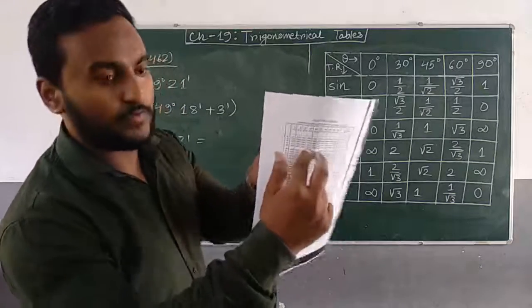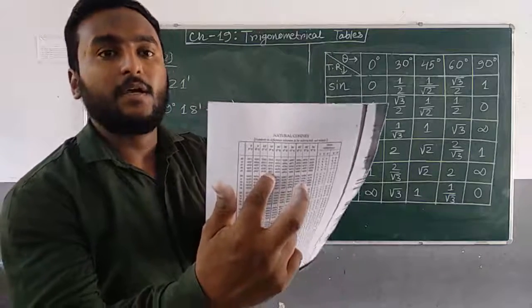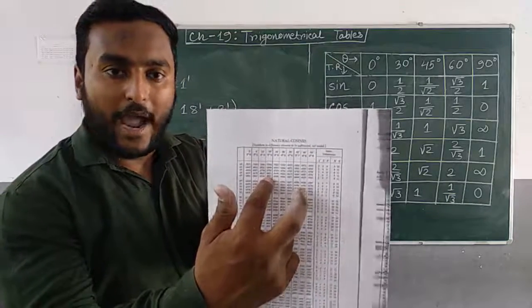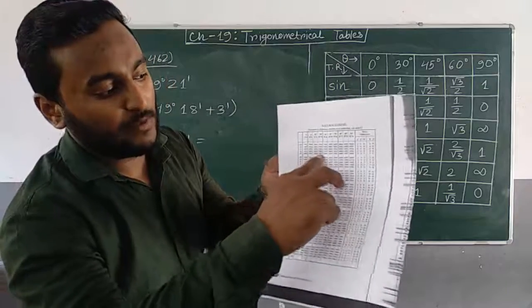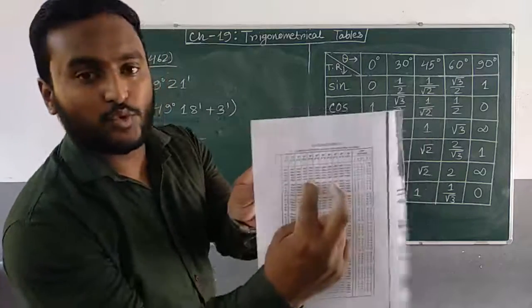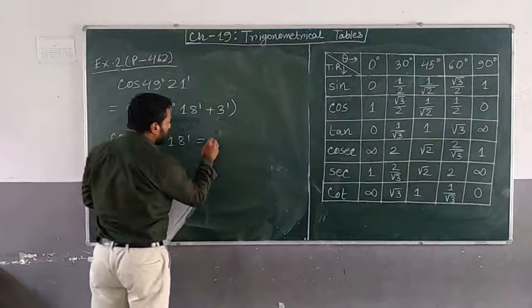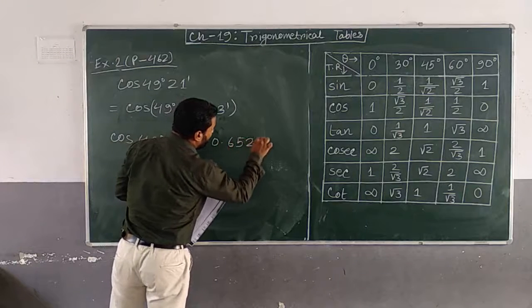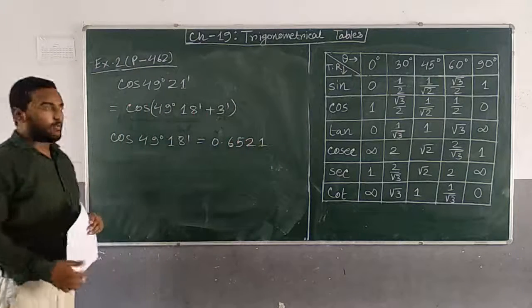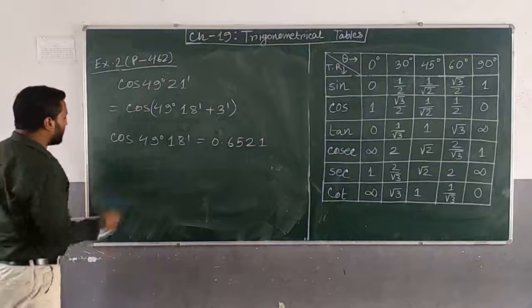The 49 degree row and 18 minute column coincide at this value, that is 0.6521. So the value of cos 49 degree 18 minutes is 0.6521. Okay, and what is left? 3 minutes. So the mean differences for 3 minutes.